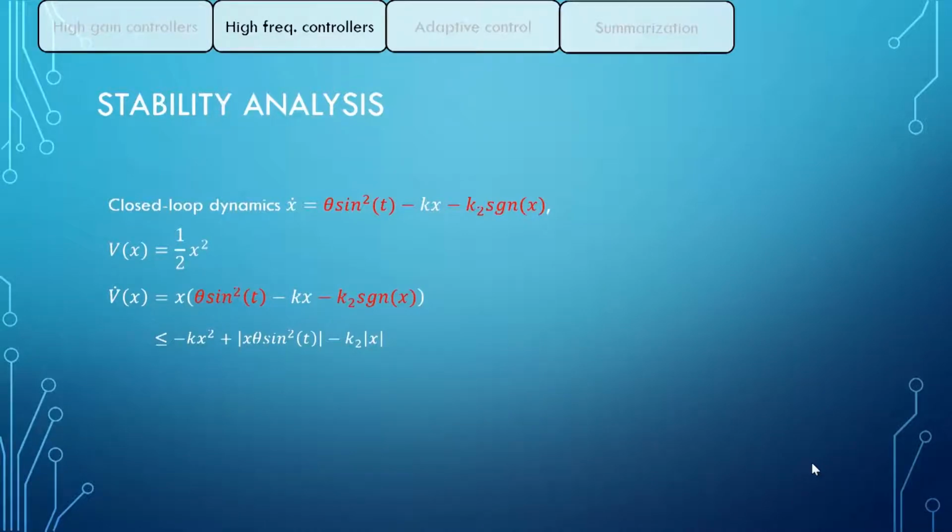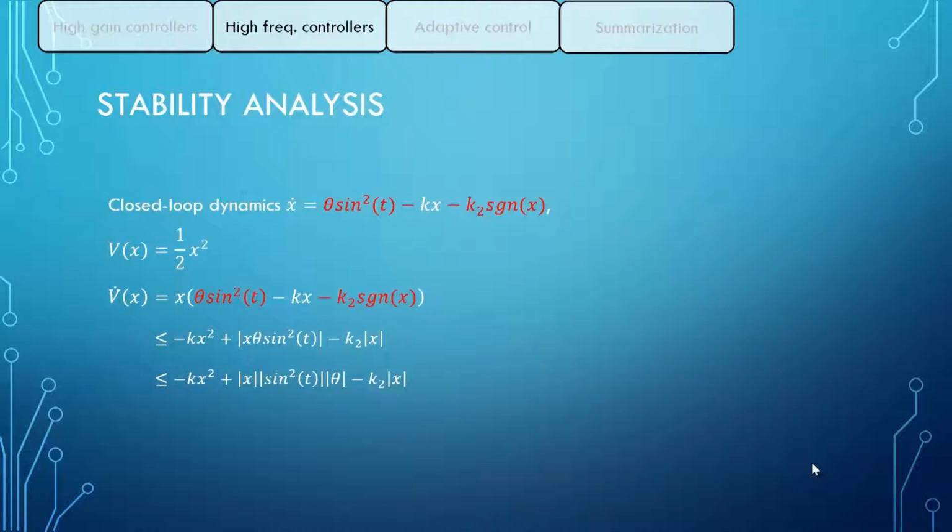So it's always positive. The good news is that because of the high frequency term, we can convert. Originally it was K2X in the high gain control. Now you leverage the high frequency term and you can generate an absolute value.